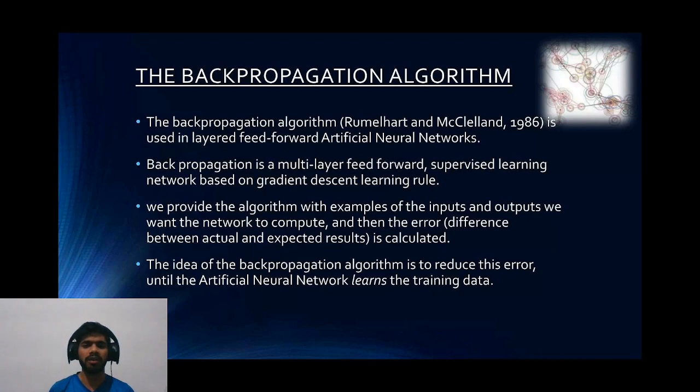We provide the algorithm with examples of the inputs and outputs we want the network to compute, and then the error difference between actual and expected results is calculated. The idea of the backpropagation algorithm is to reduce this error until the artificial neural network learns the training data.